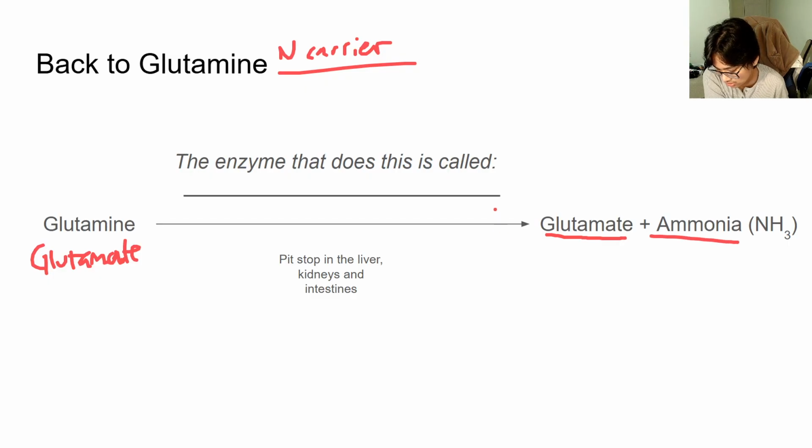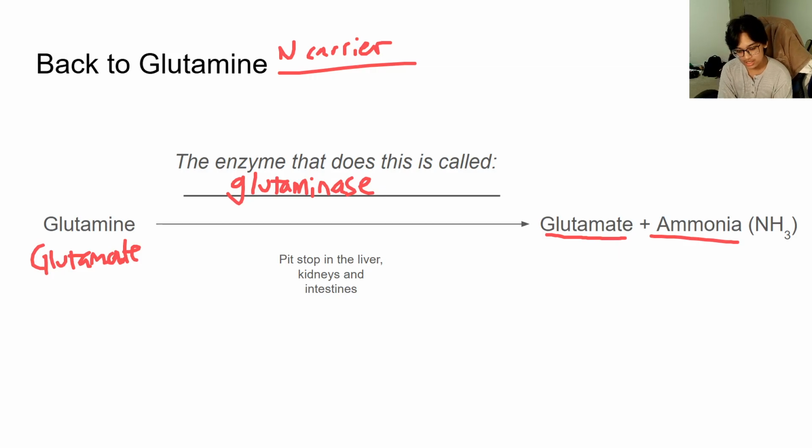Okay. This is the, yeah, I don't know. I'm sorry. The enzyme that goes from glutamine to glutamate though is called, can you guess? Glutaminase. I know it takes a pit stop in the liver and the intestines and the kidney.